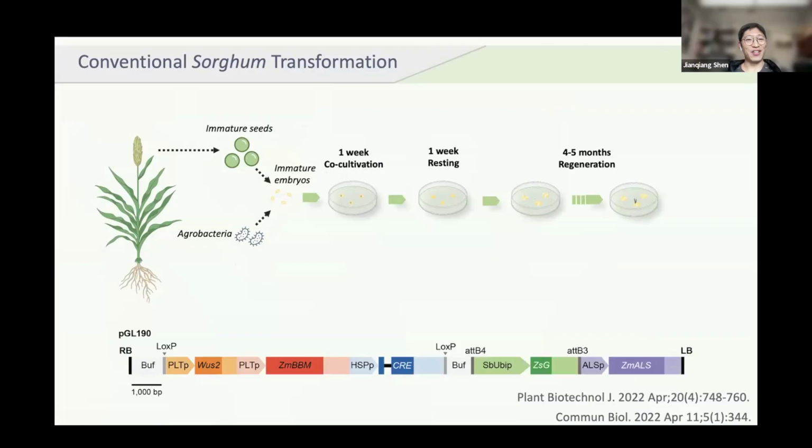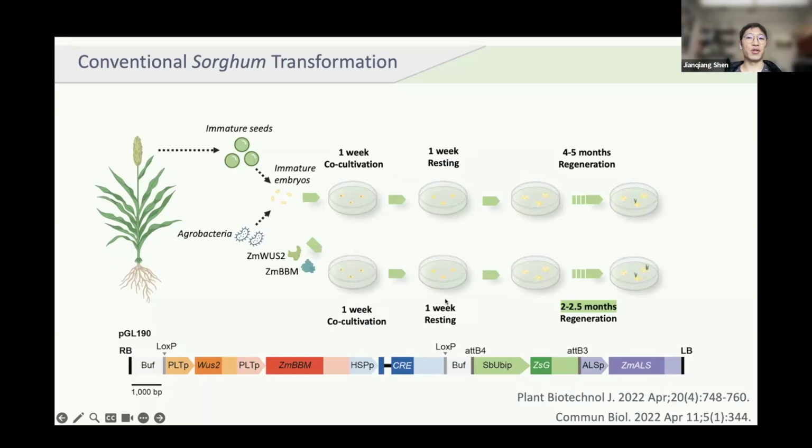Then we developed this construct using Baby Boom and Wuschel, but integrated Baby Boom and Wuschel might cause developmental deficiency, so we have to excise it after transformation. Applying Baby Boom and Wuschel, we still have 1 week co-cultivation and 1 week resting, but it shortens the time by half. The regeneration is reduced to about 2 to 2.5 months, which is great.